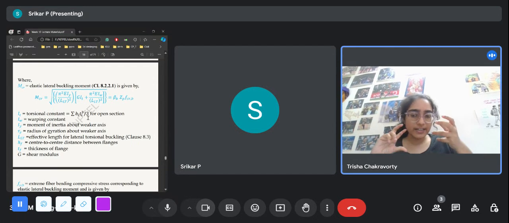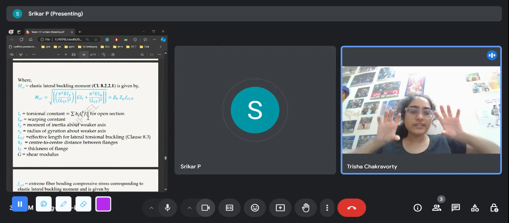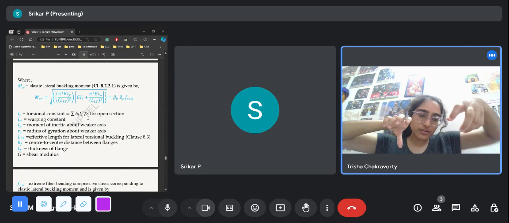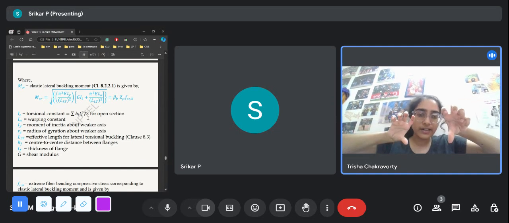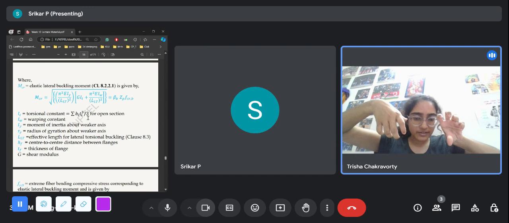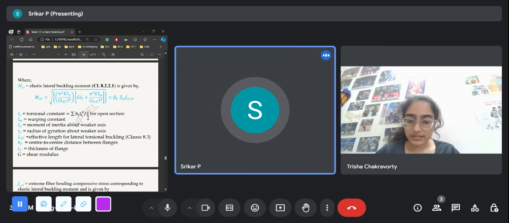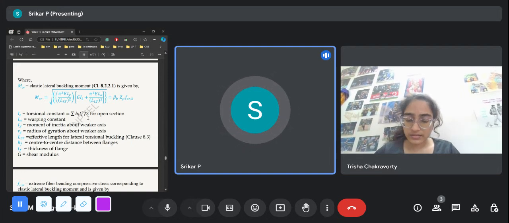Warping is a deformation mode that is caused by torsion. Torsion is this thing, and warping means that one side is rotated this way and the other side that way, so there is a warping kind of deformation, like a couple kind of thing.